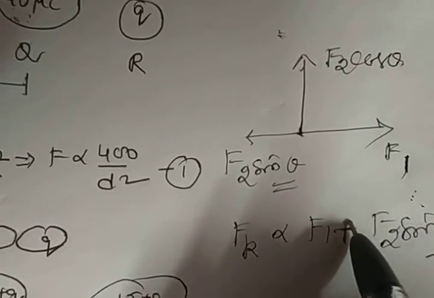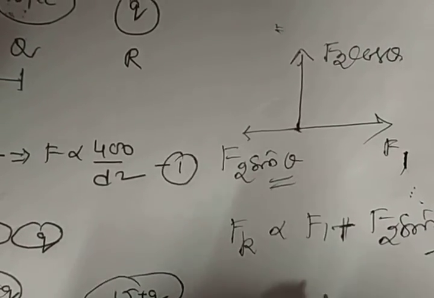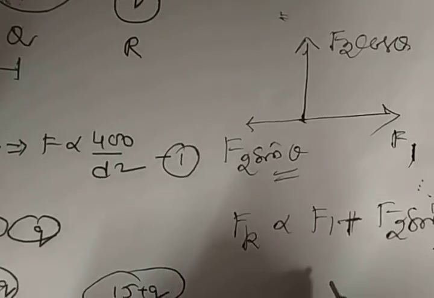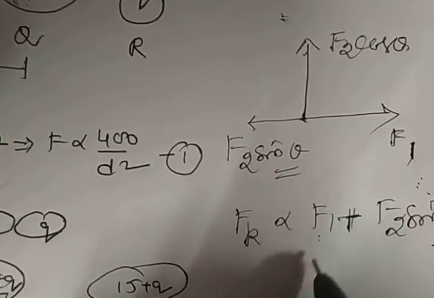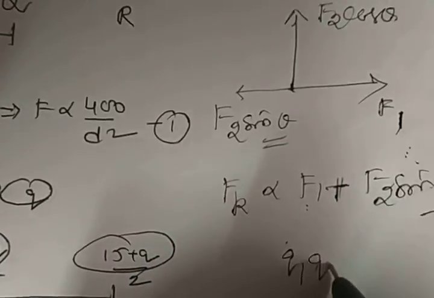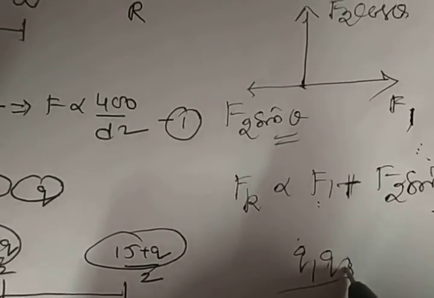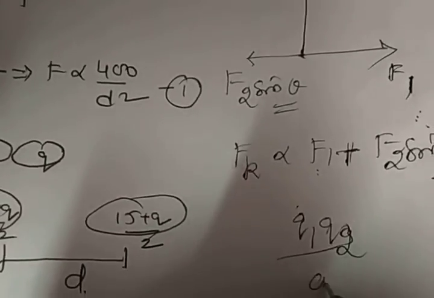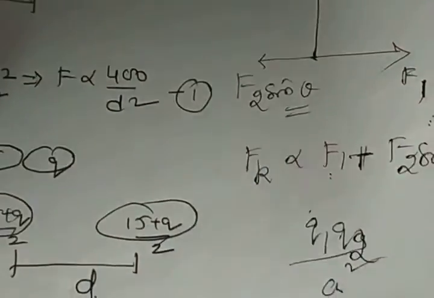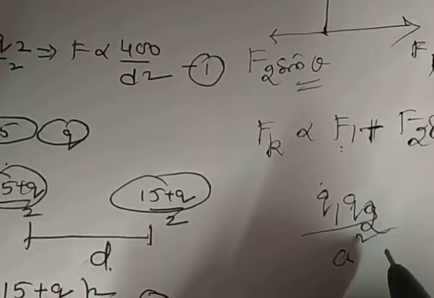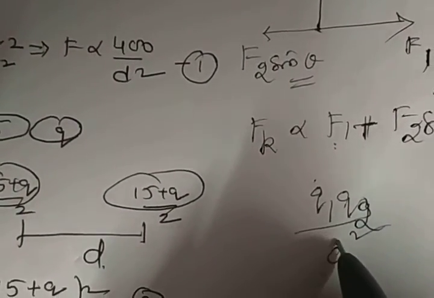So you know that the force on minus Q1 is proportional to F1, which is nothing but what? Q1 Q2 by a square or b square? b square. Q1 Q2 by b square.